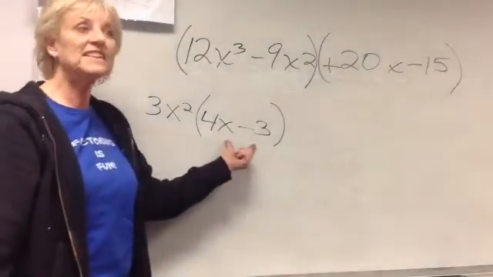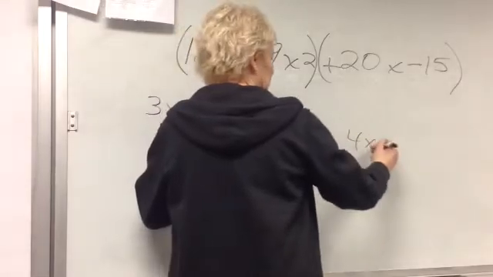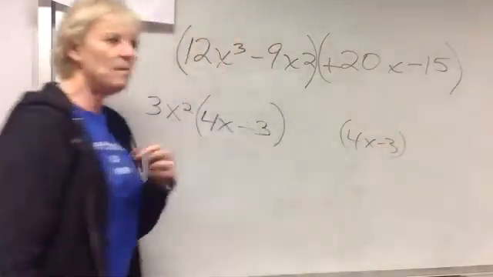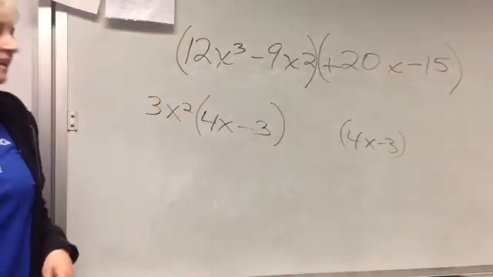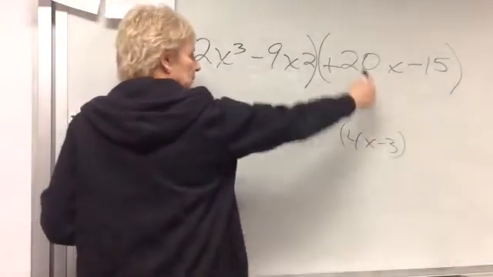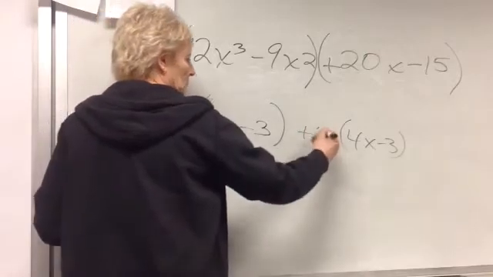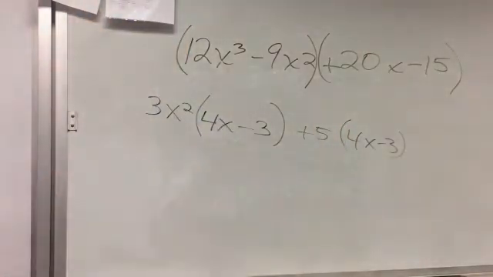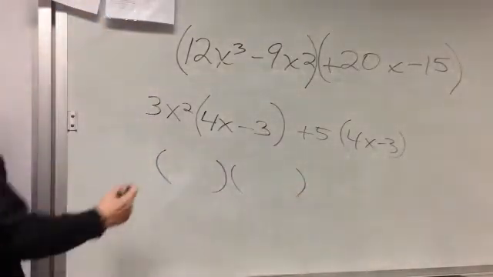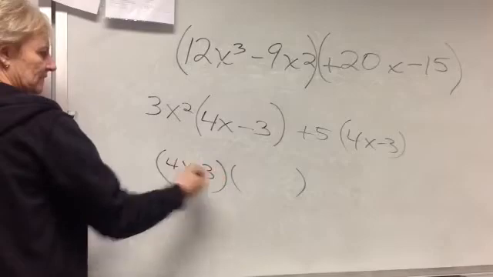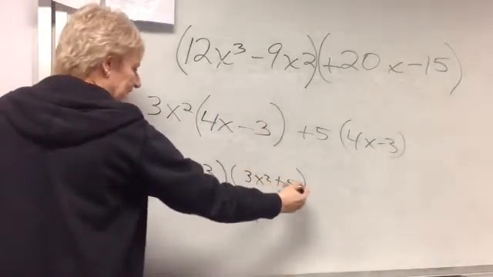Now you can just write this again, every single time. No matter what I put here, you can write it again. Now, how does this become a 20? 5. Now we're back to 4x minus 3 times 3x squared plus 5. That is factoring.